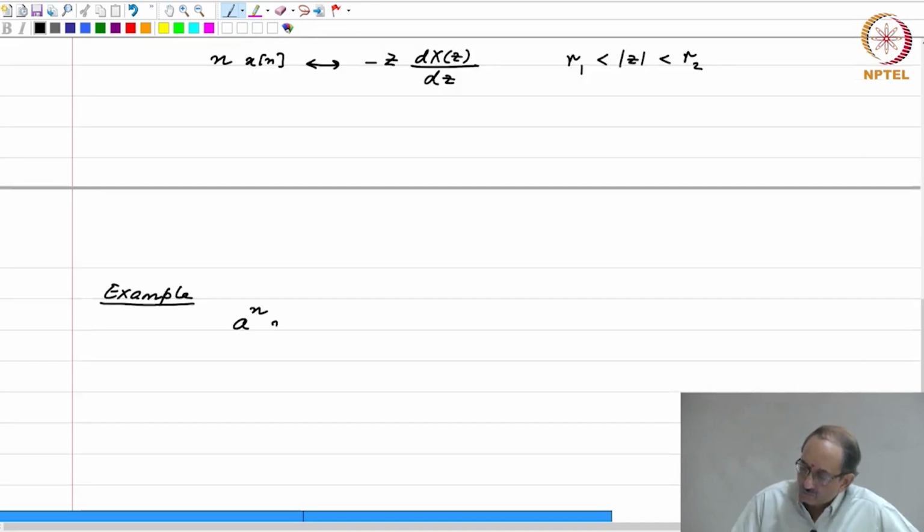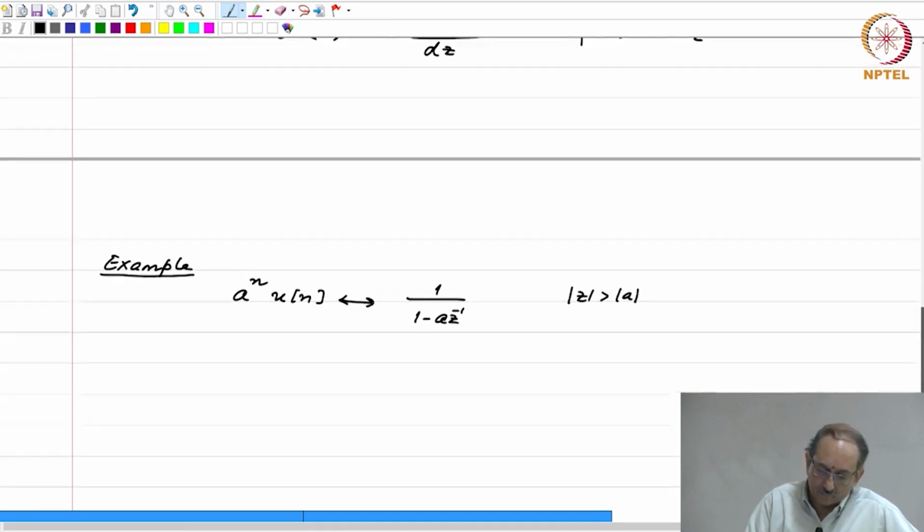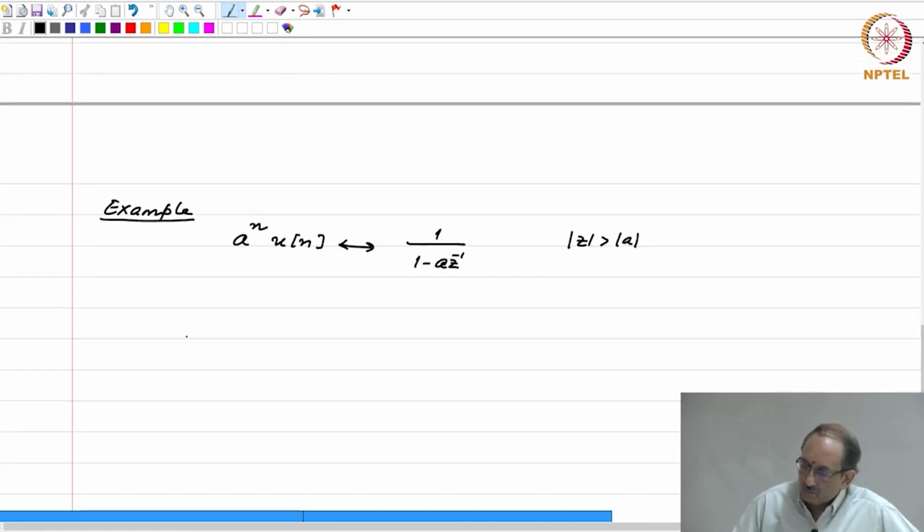We will start off with our usual a to the n u of n. So, this is 1 by 1 minus a z inverse, mod z greater than mod a, and then let us look at minus z times dx by dz of the z transform.